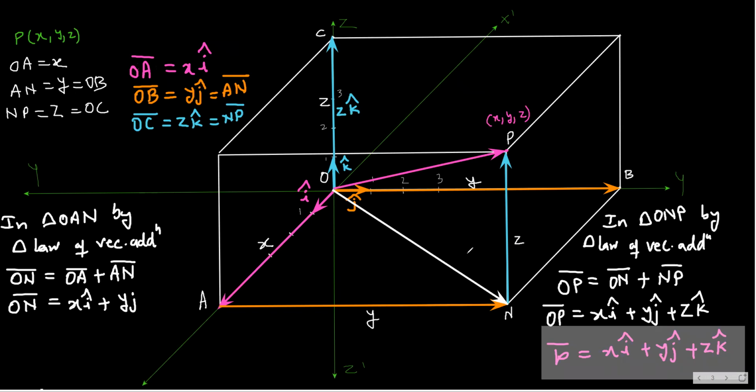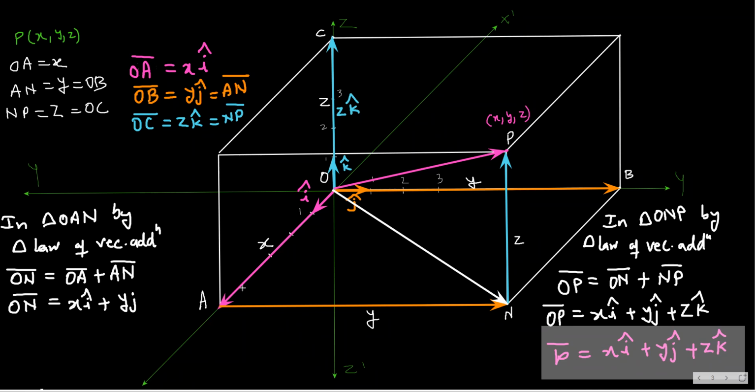Now, this is done. We have written the position vector of a point P with respect to O when we know the coordinates of point P. Now we are going for the magnitude. Now check this out, students. Look at the triangle OAN.